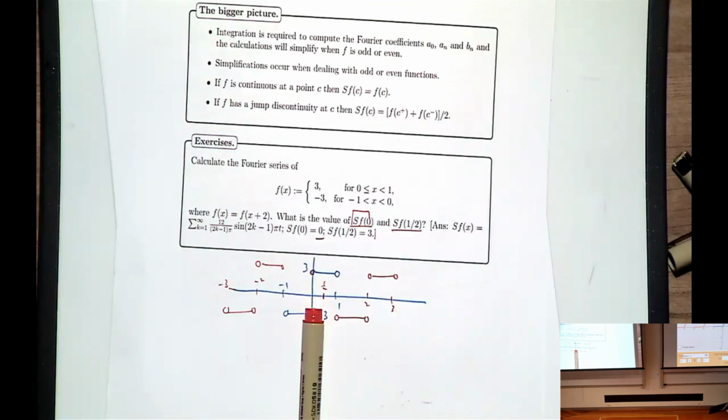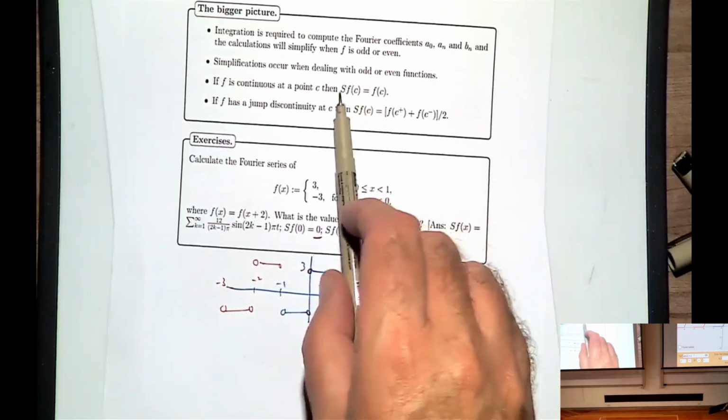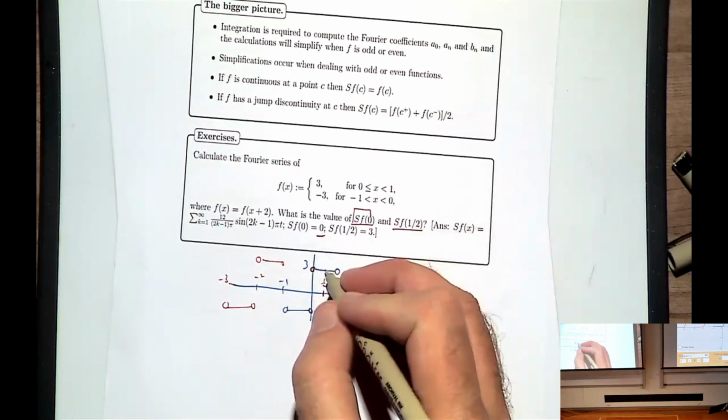Yep. So basically the original curve, the original function is continuous at x equals a half. There's no jumps. So, you know, the limit exists and it's the value, right? So, you know, these two things are equal at nice points.